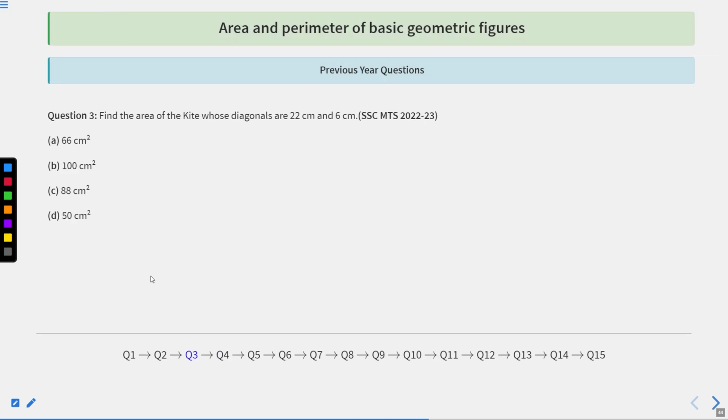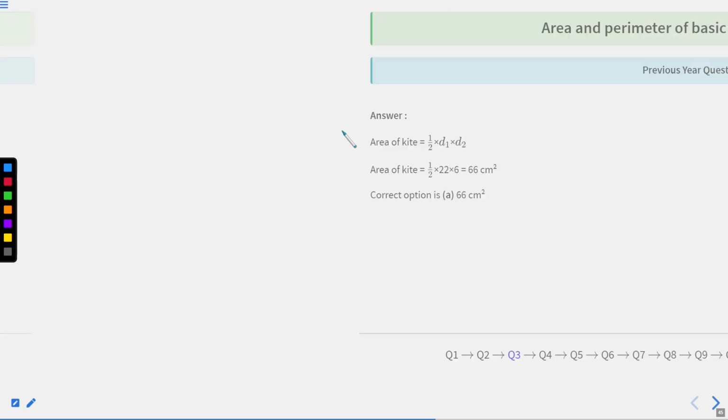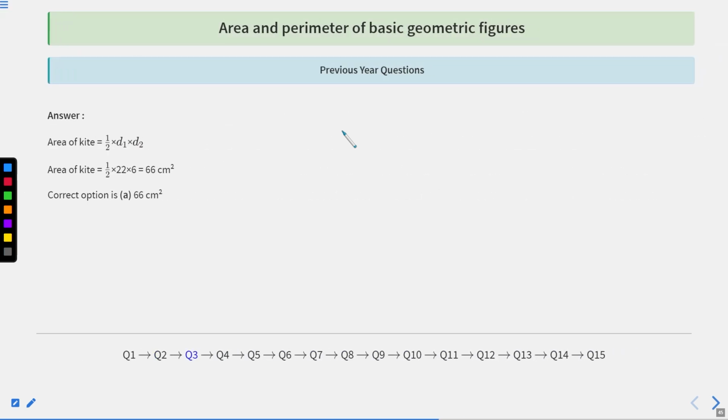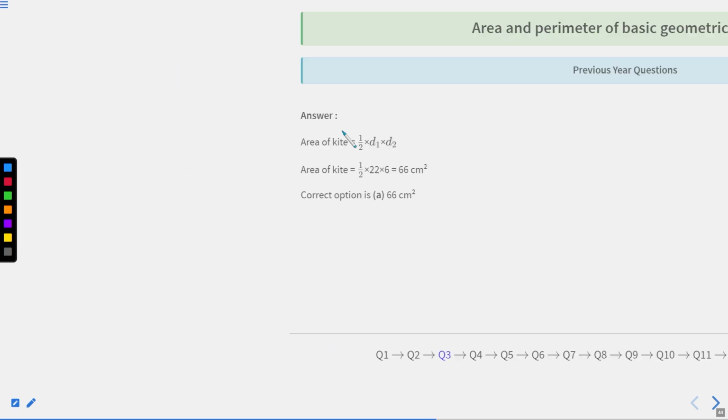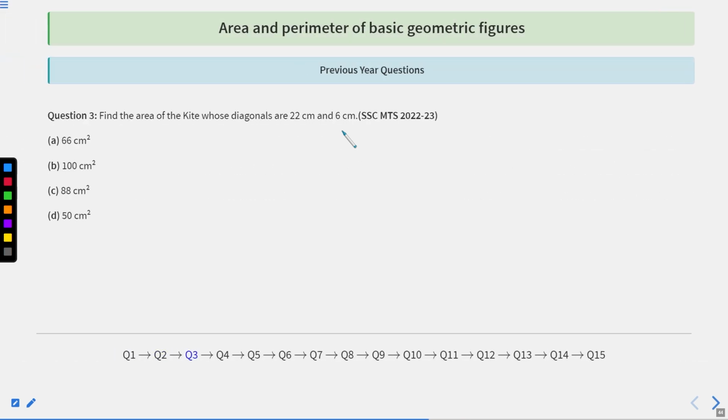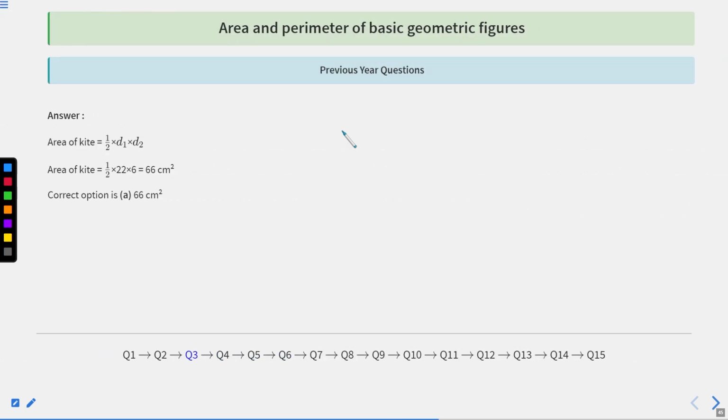Moving on to problem number 3. Find the area of a kite whose diagonals are 22 centimeter and 6 centimeter. So a kite is given to us, and a kite is of the shape like a parallelogram. Its diagonals are given, 22 centimeter and 6 centimeter.